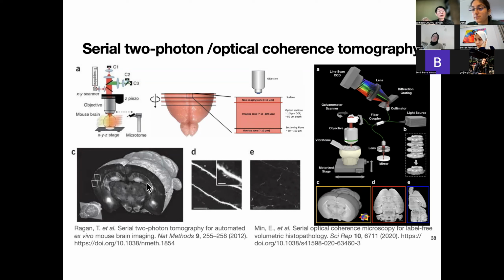You may have heard about the Allen Brain Institute in Seattle. They provide you a whole map of this by using serial two-photon tomography. In fact, this guy used to be a postdoc in our laboratory who founded a company called TissueVision when I was a graduate student at MIT.